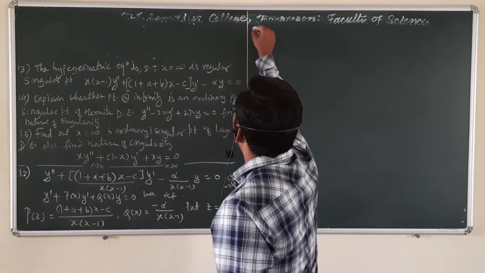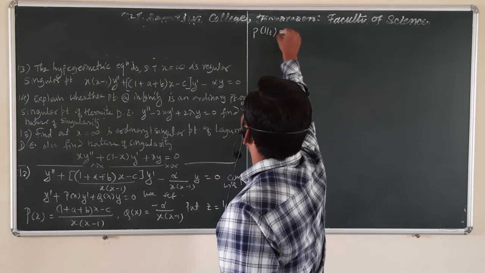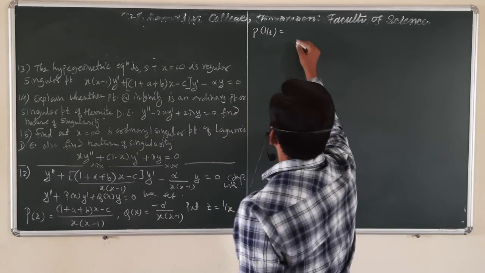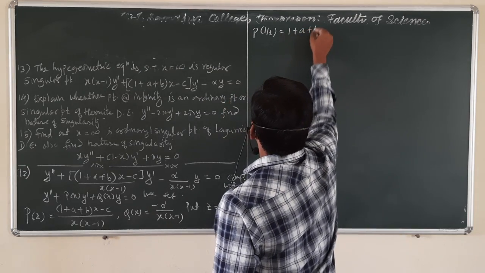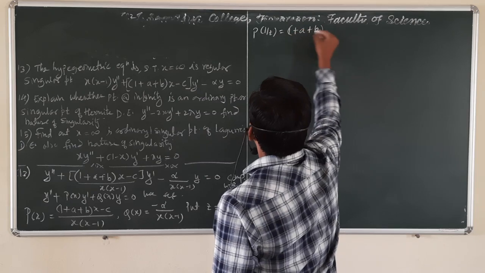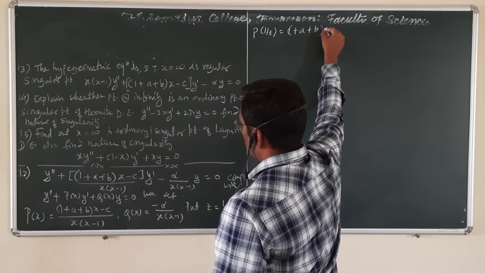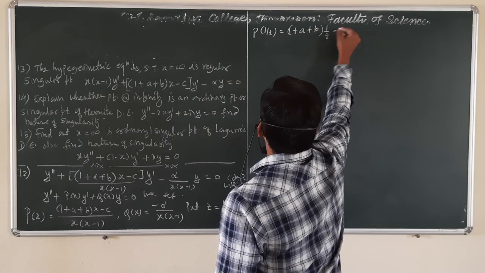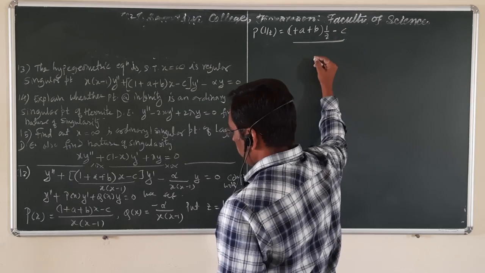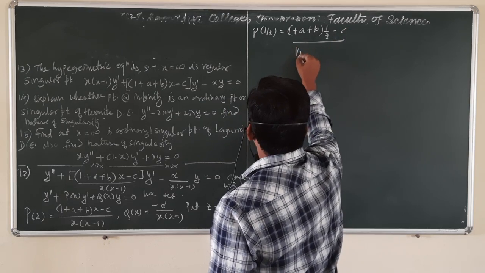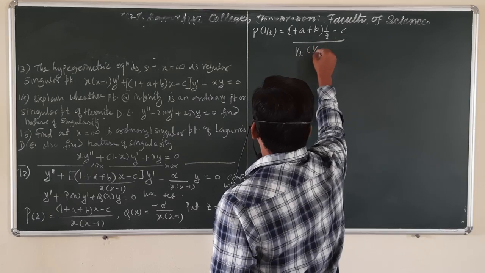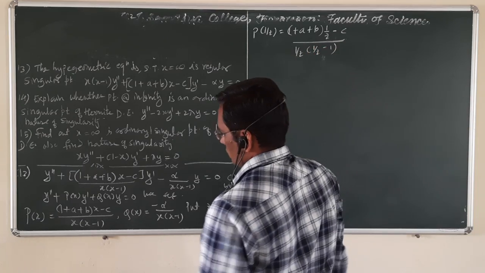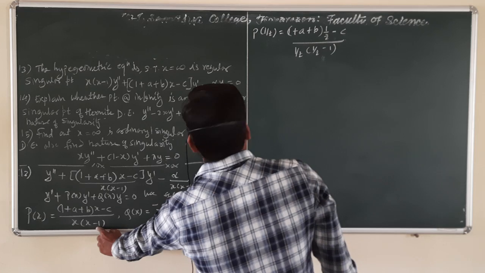See, p of 1 upon z is equal to, what is that? (1 plus a plus b) multiplied by x, but x is 1 upon z, minus c, divided by x, which is 1 upon z, and 1 upon z minus 1. So that is x into x minus 1.